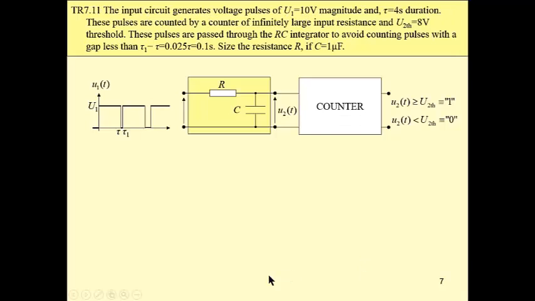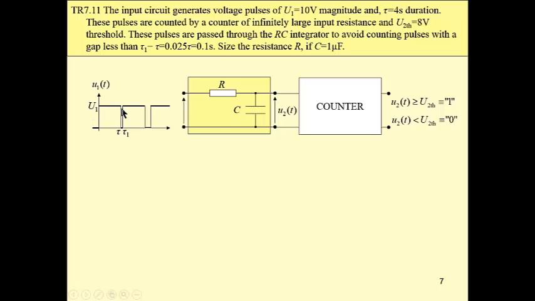And now another combination of pulse generator and counter. This time we don't want to count pulses if the gap is less than or equal to 0.1 second. Once again, we may use this RC integrator.